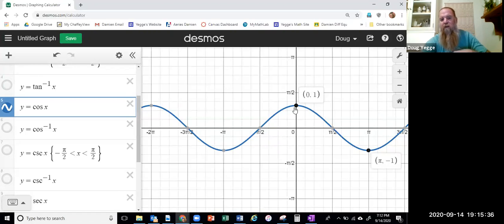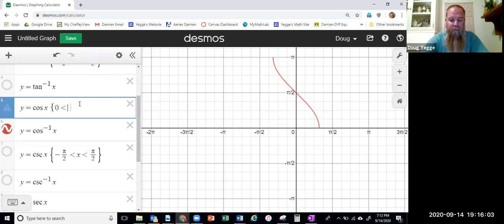And so it looks like we should restrict our domain to only be from 0 to pi, so that when we look at the graph of cosine inverse, notice that my range is only going from 0 to pi. Remember, domain is the x coordinates, and I even keep mixing these up as I'm speaking. But I want to make sure that the domain for cosine is from 0 to pi, so I only want to graph from 0 to pi.